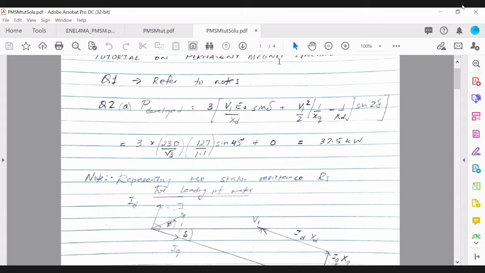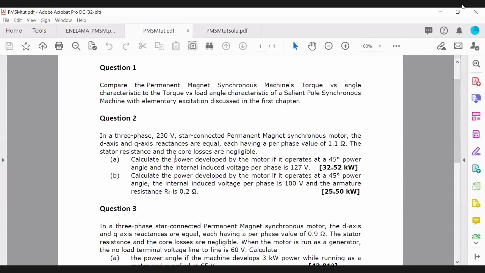And since we've said that Id is equal to Iq, this whole component here becomes 0, and then you can just substitute the values to get your power developed. From this, they've given you the rated voltage and the value of Xd, and remember that this is line to line and this is a star connected machine.